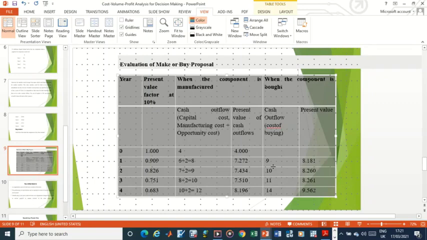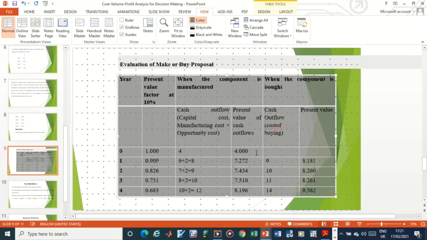So the next thing is to add the PV for manufacturing the components, which is 4 plus 7.272 plus 7.434 plus 7.510 plus 8.196. Let me repeat that again.